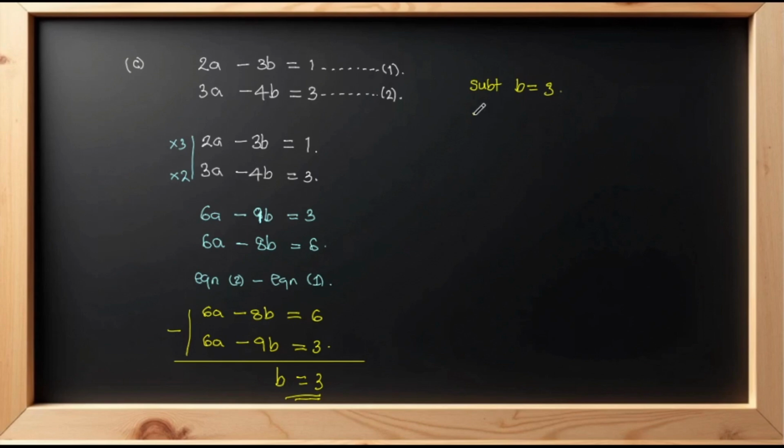So equation number 1 is 2a minus 3b equals 1. So we have our 2a, replacing b with 3, and then equals to 1. So multiplying our negative 3 and positive 3, we get negative 9. This is equals to 1.